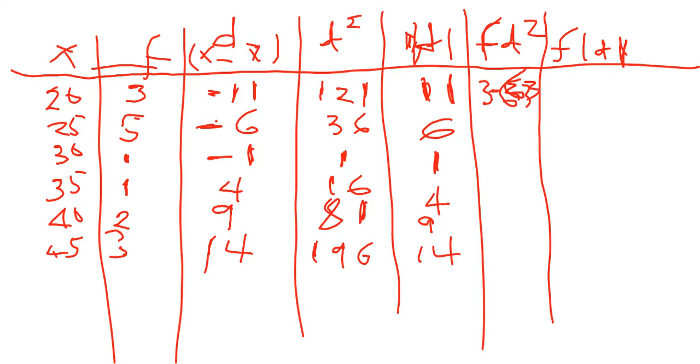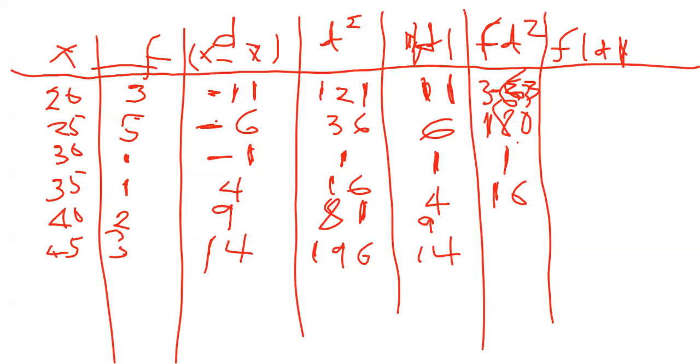6, 3. Yes. So 5 times 36. What do you have? 5 times 36. Frequency times D squared, 180. Good. Then 1 times 1. That one is not a problem. It's 1. Then 1 times 16 is also 16.